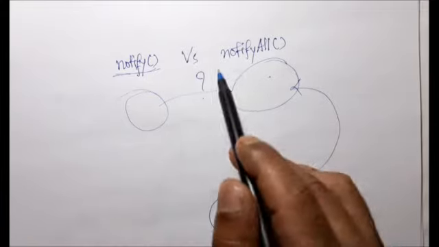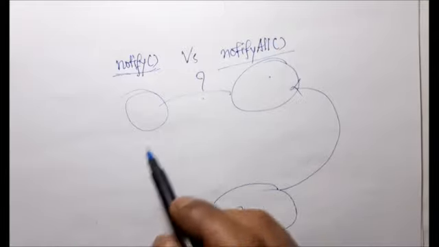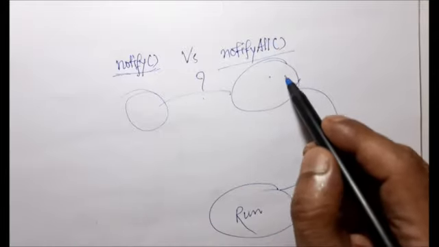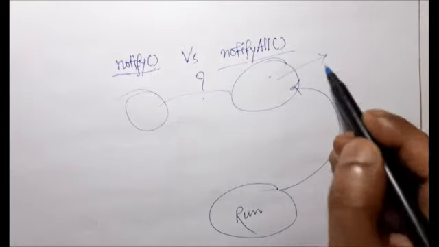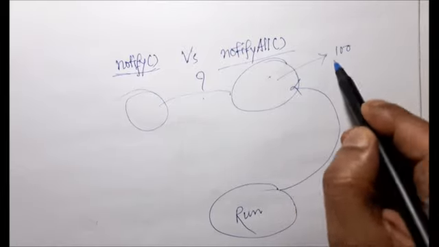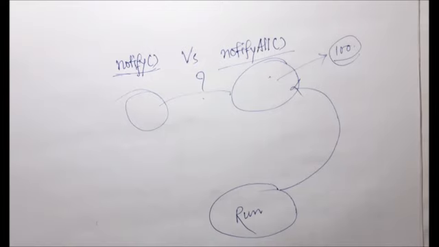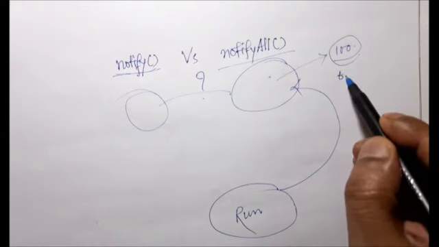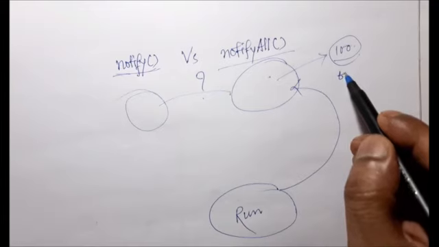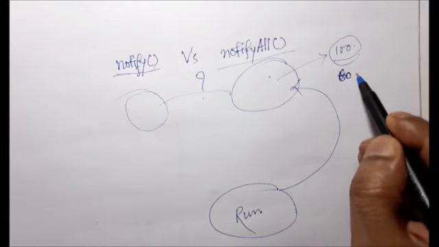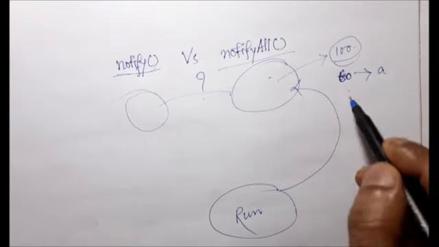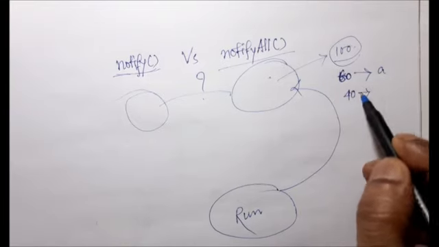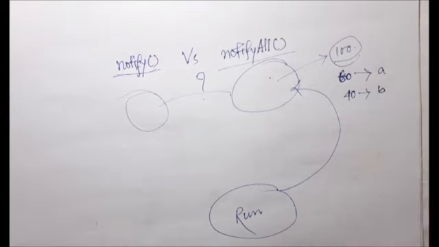But in case of notifyAll, what will happen? Let's say currently 100 threads are waiting in the waiting list. Suppose out of 100 threads, 60 threads are waiting to get the lock of object A, and 40 threads are waiting to get the lock of object B. Which ones will be notified?